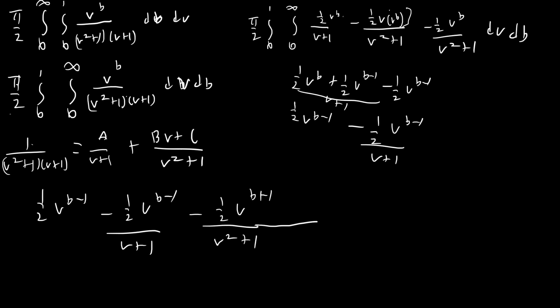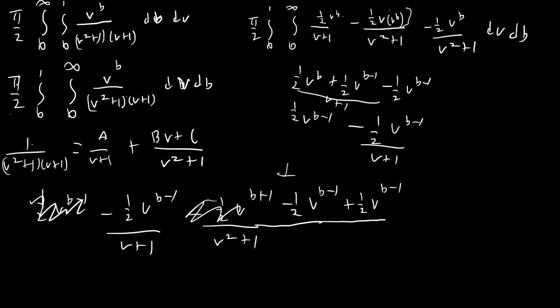Now here we're going to subtract 1/2 v^(b−1) and add 1/2 v^(b−1) right here. So we're going to end up with minus 1/2 v^(b−1), and this is going to cancel with this. Perfect. And so we're just going to end up with 1/2 v^(b−1).